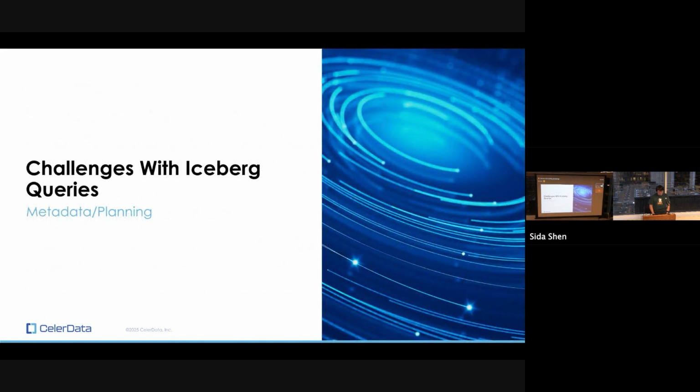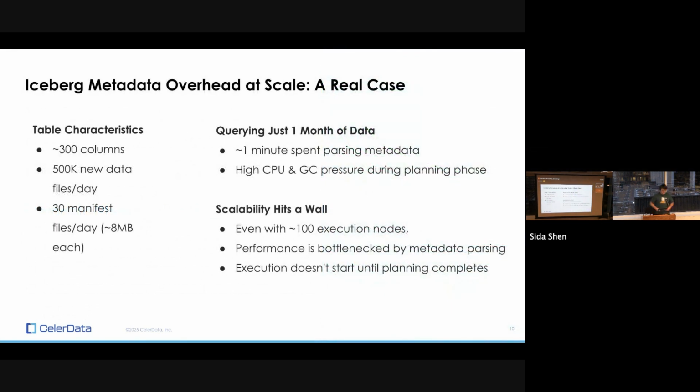So, metadata and planning. This is an actual use case from a user that used Apache Iceberg. They have around 300 columns and around 500,000 new data files a day. After compaction and everything, they have only around 30 manifest files a day, each only 8 megabytes.